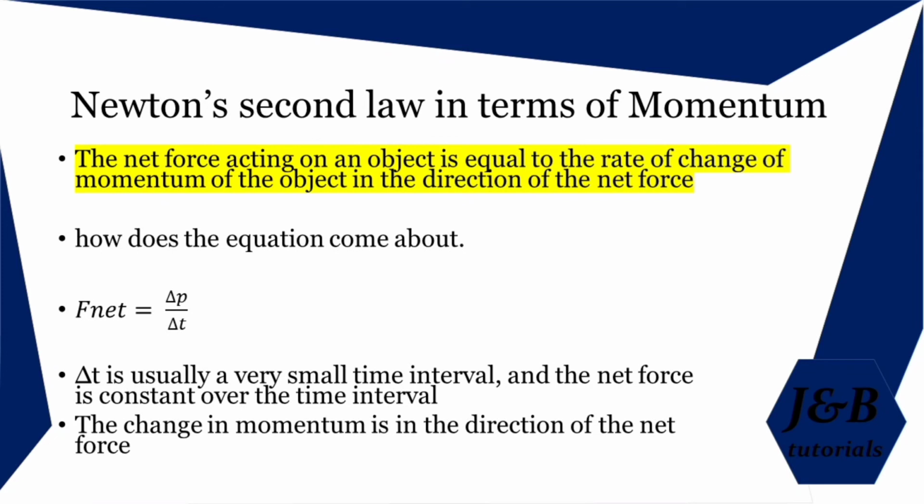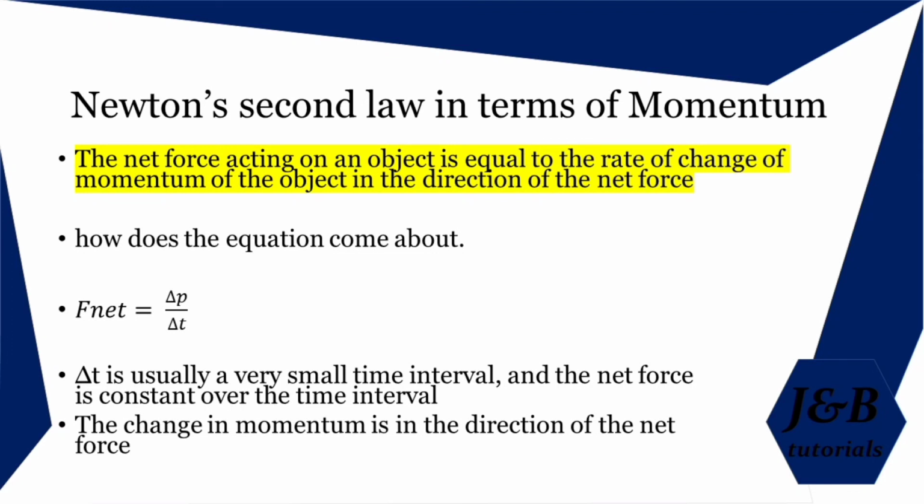And this can quickly be made into an equation, because as you can see, this definition allows us to quickly put it into an equation. They say it's a rate of change of momentum. Rate of what? Change of momentum. So when we talk about rate, time has to be involved in a way.